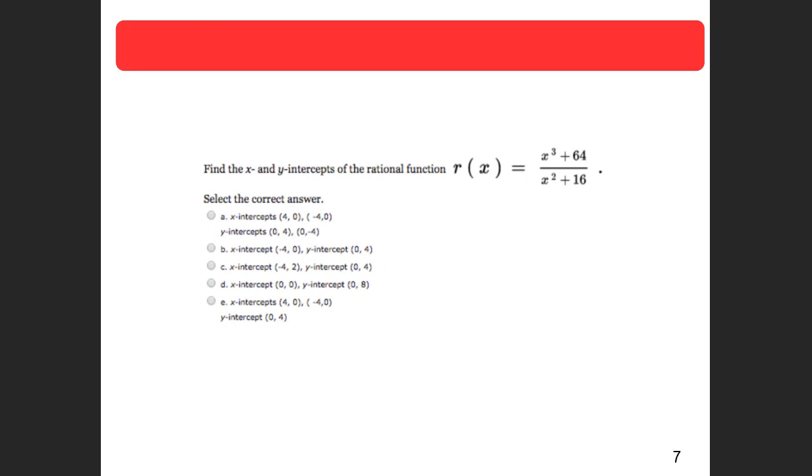All right. Any answers? The first one, when you put x equals 0 in, finding the y-intercept should be fairly easy. What's the y-intercept?